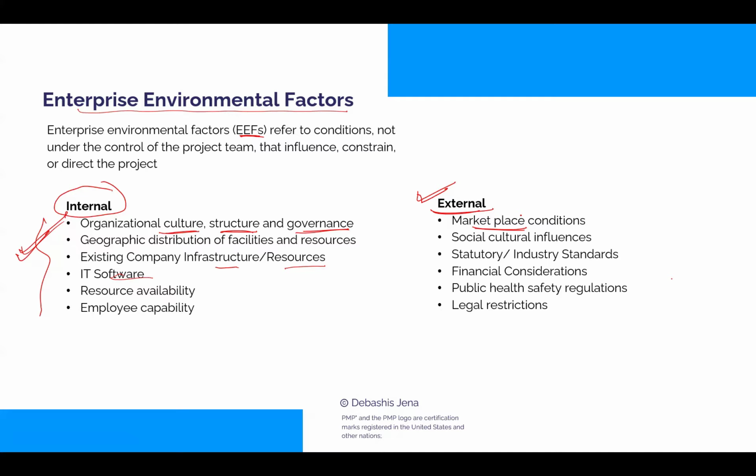The external market, industry standards, statutory standards, financial considerations, meaning the interest rate and so on in the market, safety, health, regulations, legal restrictions. These are also environmental factors, but they're pretty much outside your company. So both of these, internal plus external, together we call enterprise environmental factors. I hope you also appreciate that these enterprise environmental factors are unique to an organization.